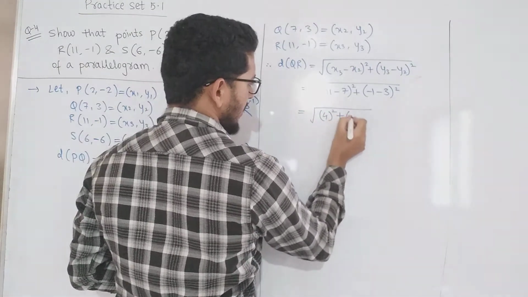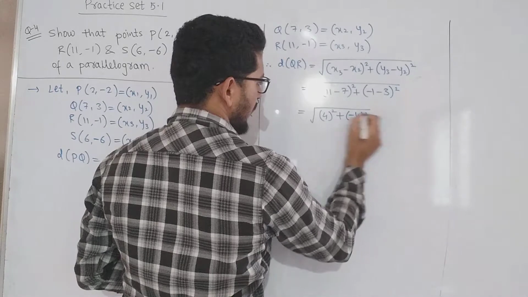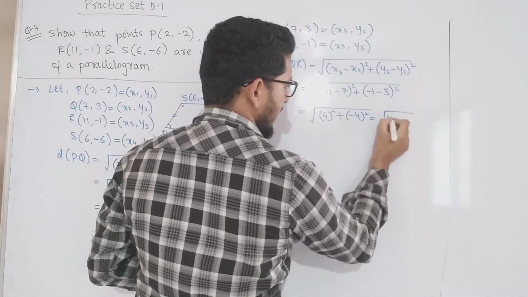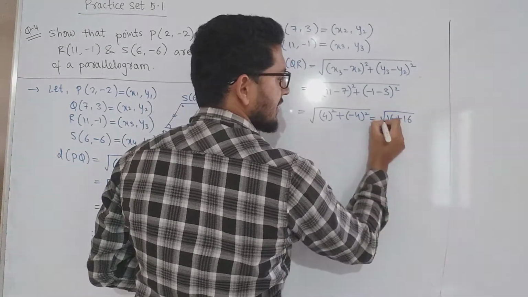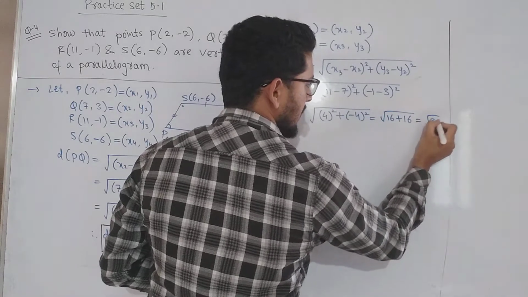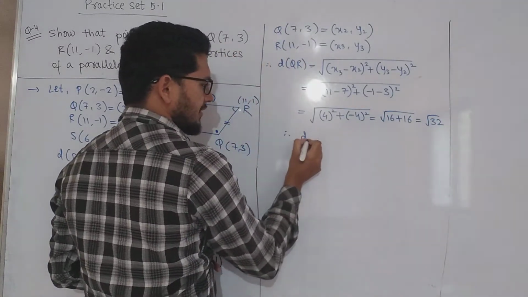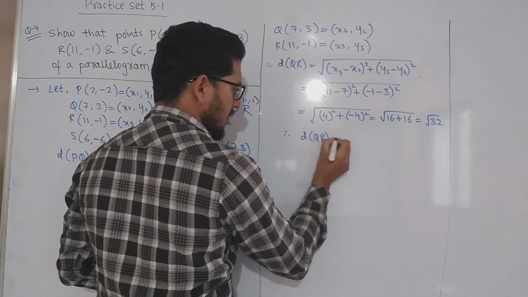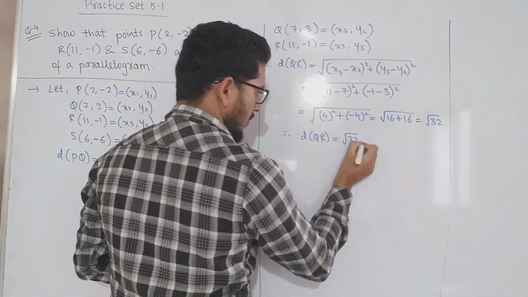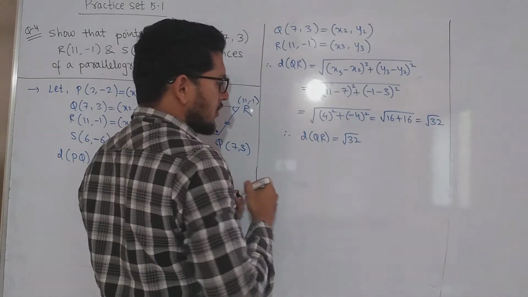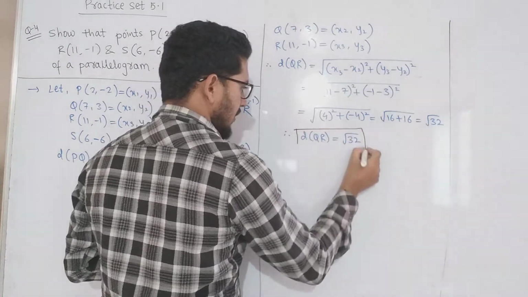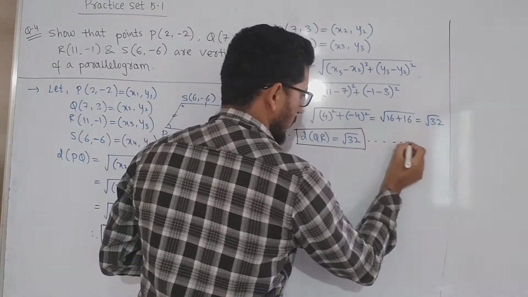Minus 3 minus 1 is again minus 4 square. 4 square is 16. Again minus 4 square is 16. Okay, 16 plus 16 is root 32. Therefore distance of QR is root 32. Call this as equation number 2. So this is your equation number 2.